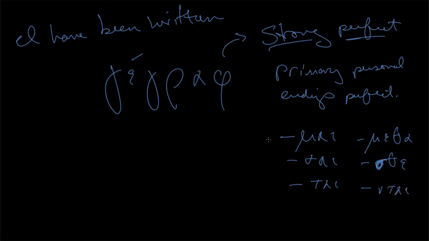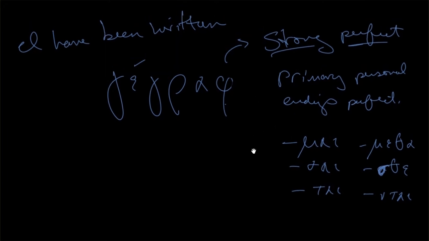Great. So we have these endings, but now we're supposed to put these onto the end of this verb stem that we had, gegraph. So gegraphmai, there's no reason why you couldn't pronounce that, but Greeks didn't like that sound combination, a phi followed by a mu, and they had rules to deal with it.